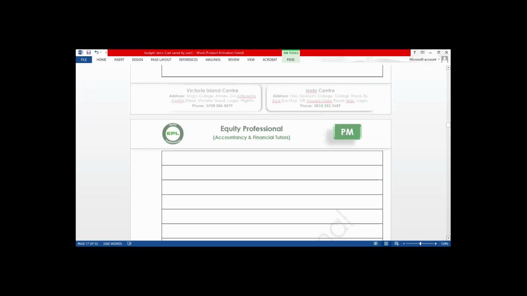Budgeted profit or loss for 3 months period ending 31st March 2015.